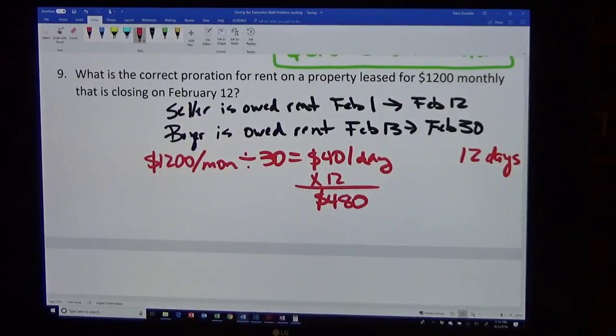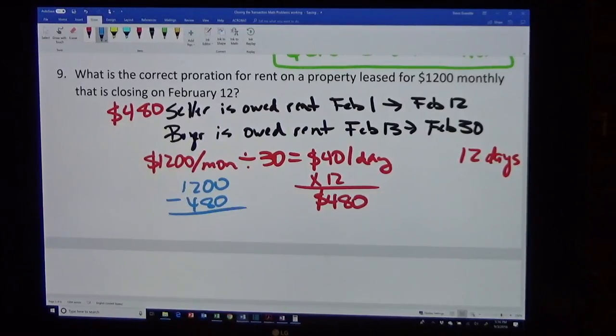And that's the seller side, $480. Well, same thing we've done over and over and over. The total of $1,200 minus the seller side of $480 will give us the buyer side. And that's $720 for the buyer side.